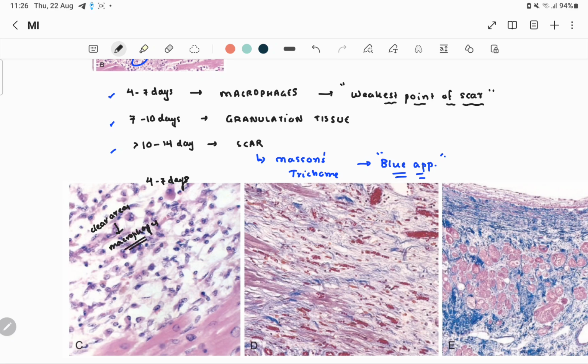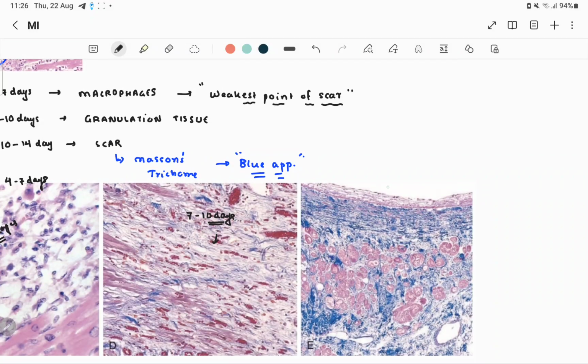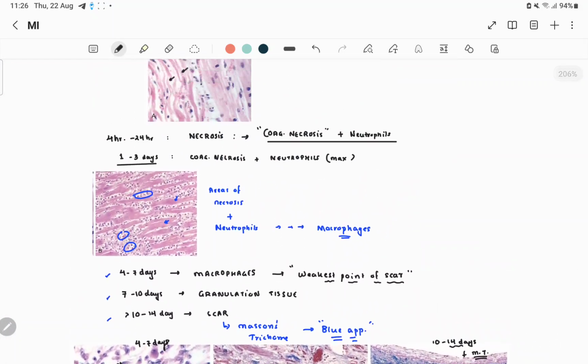And then this is 7 to 10 days. You can see the presence of granulation tissue. It appears like this in microscopy. And then 10 to 14 days, a healed scar. We have stained it with Masson's trichrome, and the blue portions you can observe because the collagen is present. So there is a collagen excess present over here.